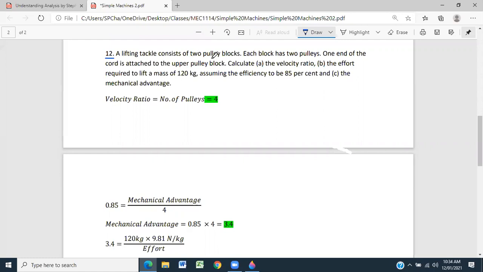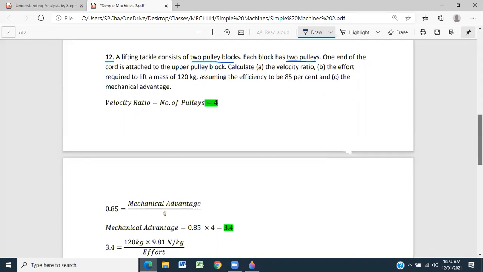One end of the cord is attached to the upper pulley block. Calculate A, the velocity ratio; B, the effort required to lift a mass of 120 kg, assuming the efficiency to be 85%; and C, the mechanical advantage, right? So they say 2 pulley blocks, and they say one end of the cord is attached to the upper pulley block, right?